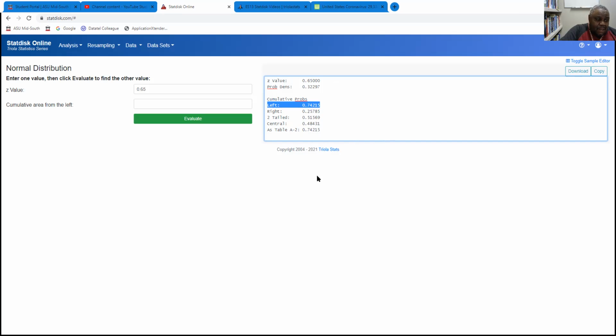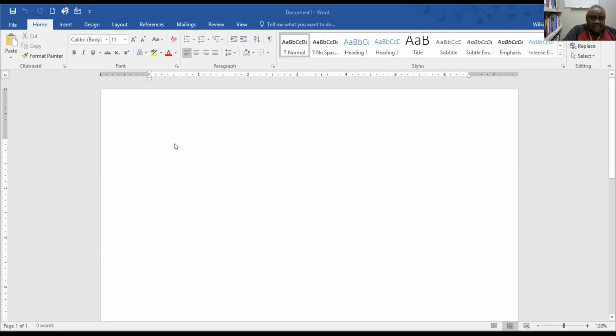Now, to come up with the correct answer, I have to subtract those 2 probabilities that I came up with for negative 2.58 and for 0.65. Let me show you how to do that. We have to subtract. I'm going to do this inside Microsoft Word here. 0.7422 minus 0.0049.